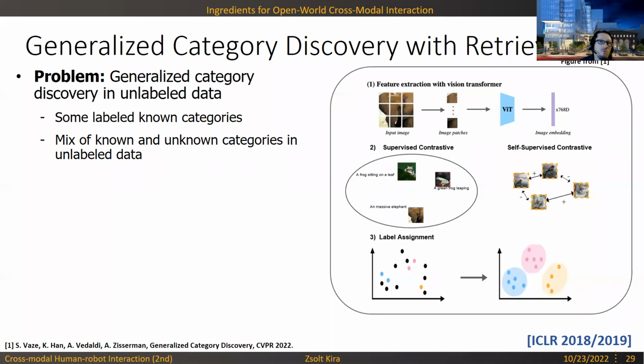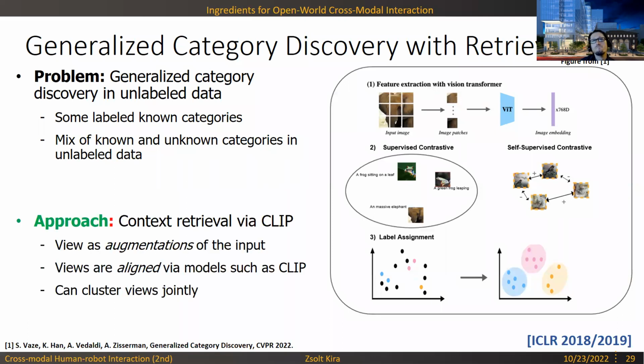The human can label some portions. They can, for example, point to scenes that the robot can generate or can gather unlabeled data from, and so on. And so now we can actually leverage, again, the point of this workshop, which is cross-modal information.